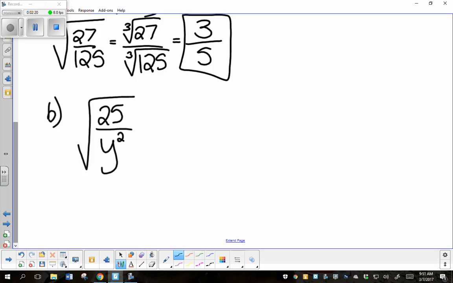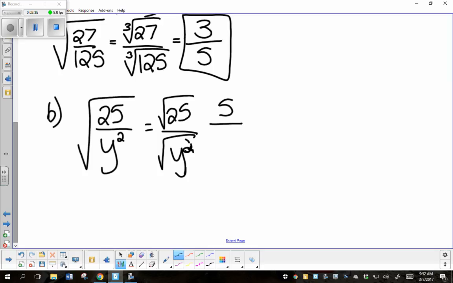Remember, you can think about this, and you don't have to write this every time, as the square root of 25 over the square root of y squared. So what's the square root of 25? 5. And what's the square root of y squared? Just y. Square and square root cancel out, so it's just 5 over y.